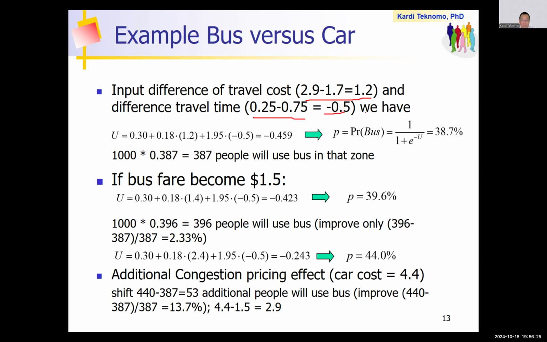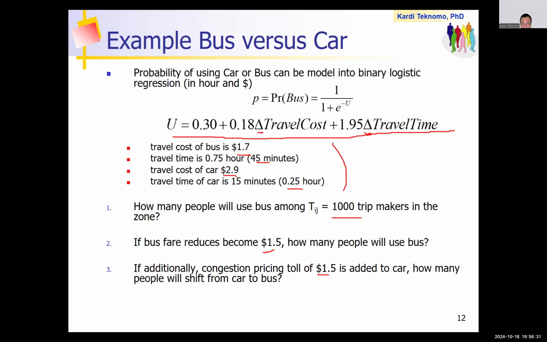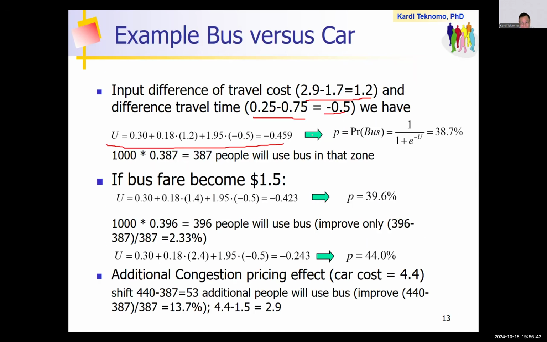So then we input that difference into the utility. Remember the utility is 0.3 plus 0.18 times delta cost plus 1.95 times delta travel time. Delta means the difference. So then you get this value.